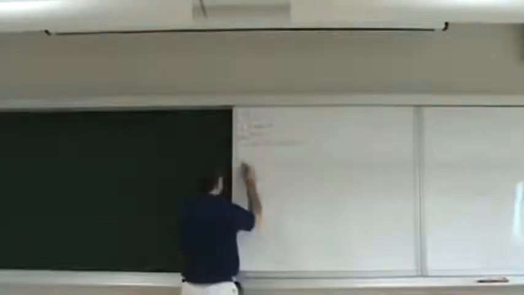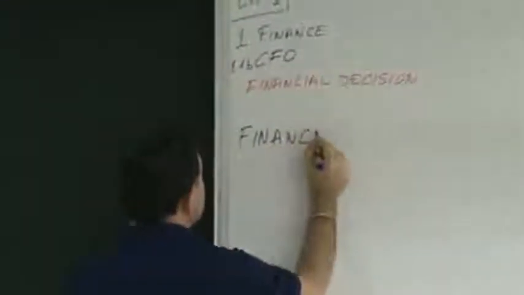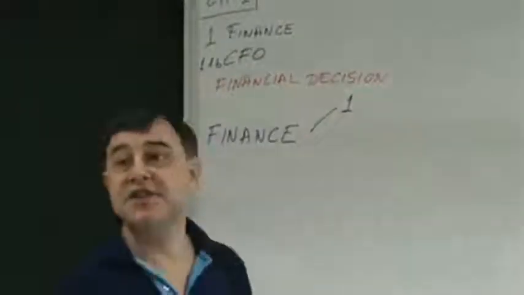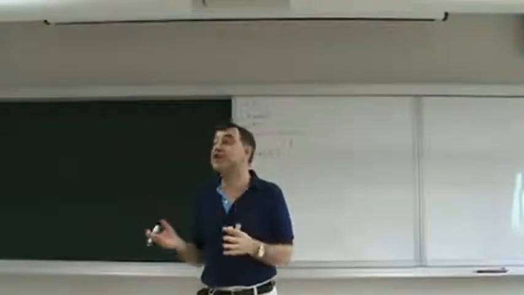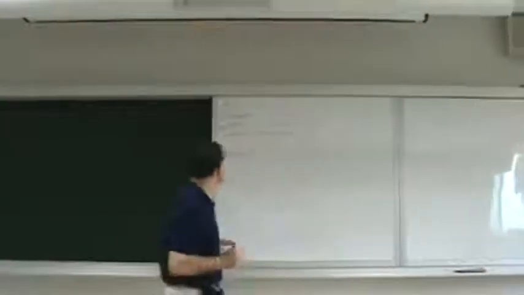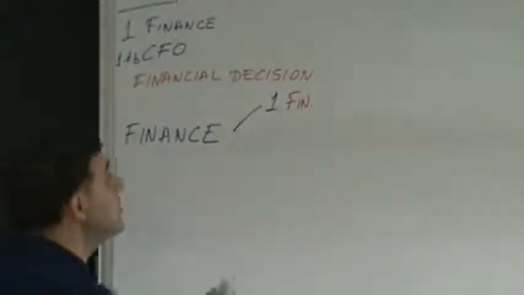So let's write out here finance and see what is finance as a subject. And the first major field or area of finance is called financial management. Let's write it out in red. I'll just shorten finance as financial management.